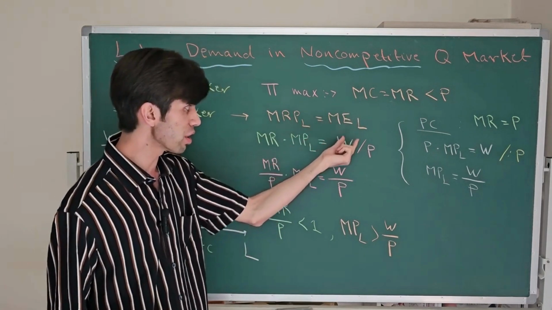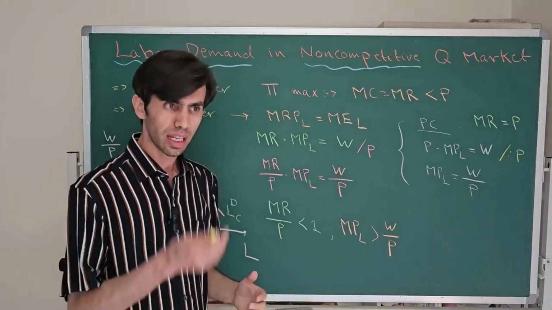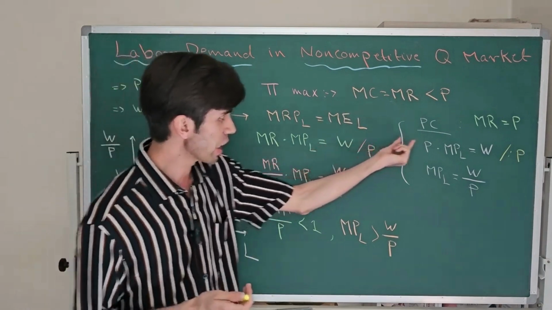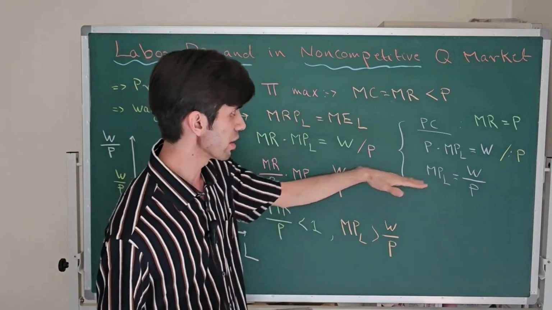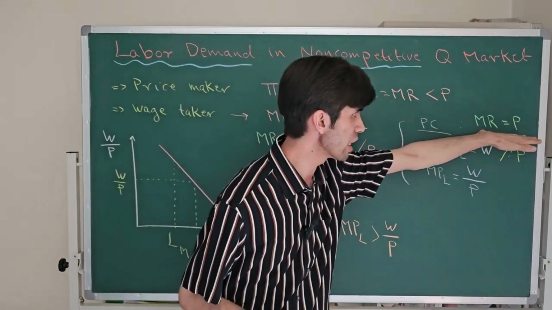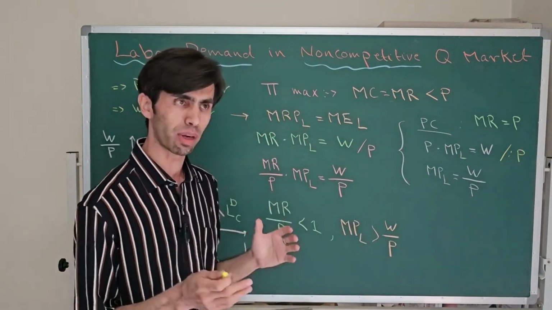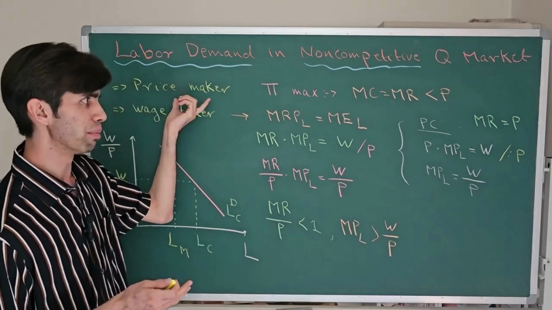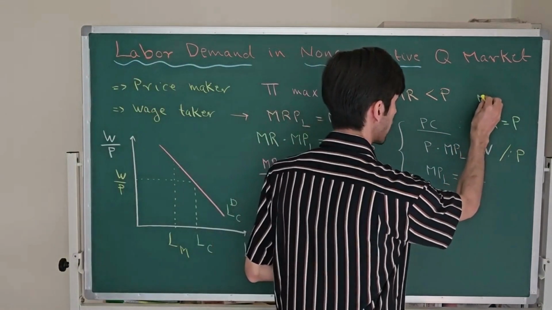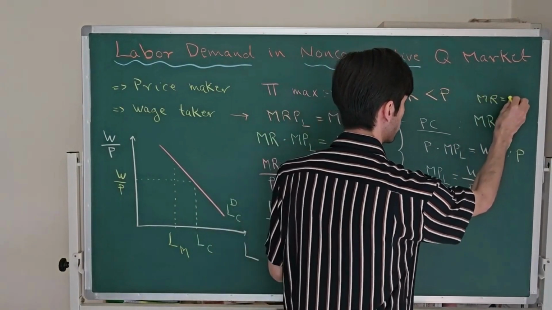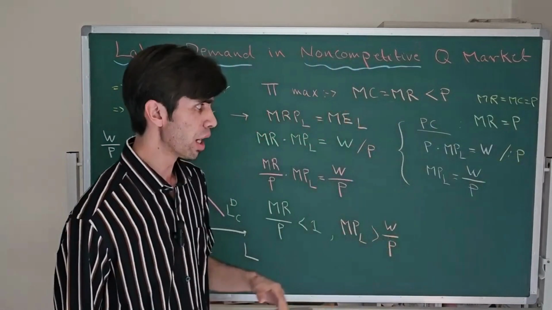And the marginal expense of labor is equal to the nominal wage, or W. In the case of a perfectly competitive market, marginal revenue is equal to the price, because the profit maximization condition from the output perspective is that marginal revenue is equal to marginal cost is equal to price level.